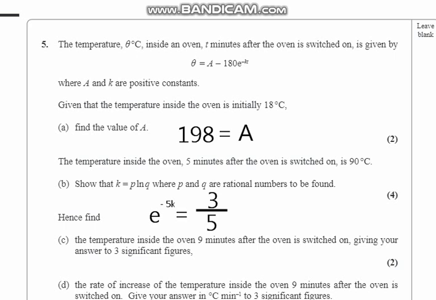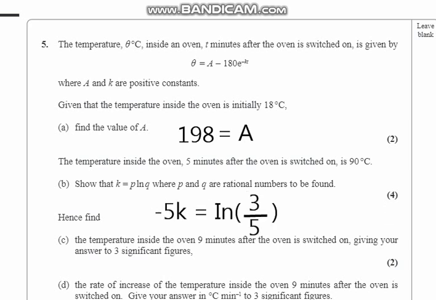So I'll take a natural log on both sides. Before that, I'll show you what happens when natural log meets an exponential: ln of e to the power anything gives 1 times that power, so that's how we get k here.